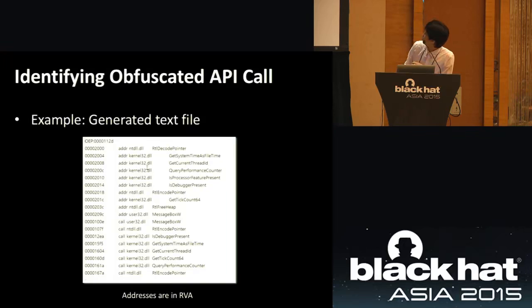In this picture, address means the address in the IAT that needs to be changed, and call means the call instruction that needs to be changed to this. And the address is in RVA because of ASLR.